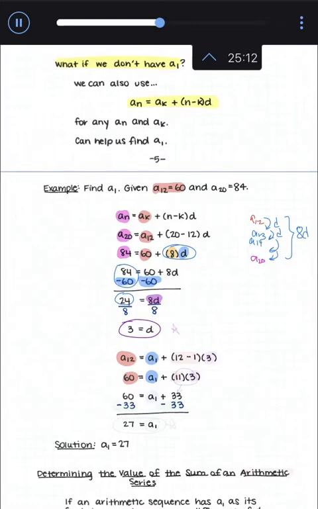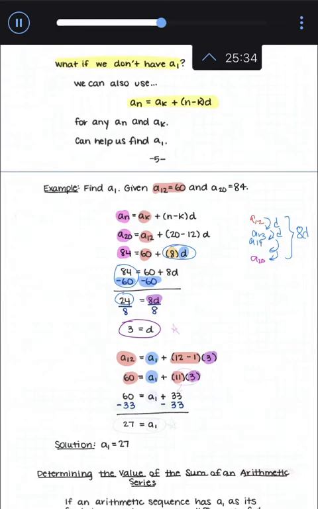Remember, we take the common difference, which in this one we found was 3, and we multiply it times n minus 1. Well, this is the 12th term that we're using, so n minus 1, 12 minus 1, would be 11, times your common difference, which we said was 3.